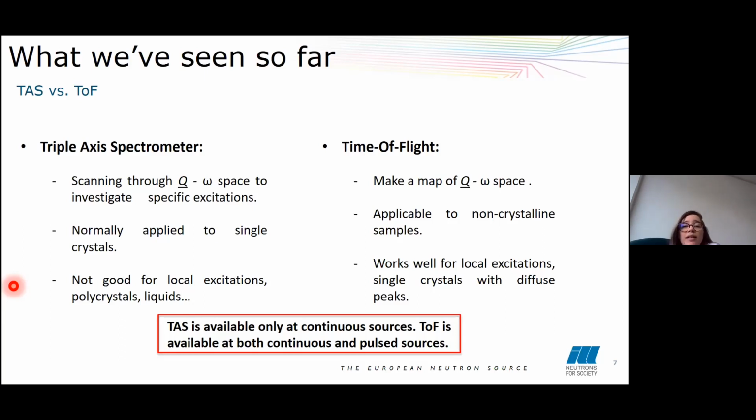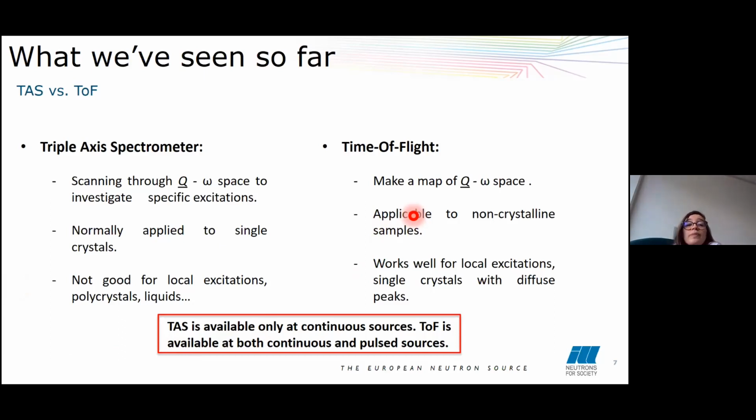So we have time of flight. With time of flight, we can analyze large sections of Q-omega, making this kind of map. So the instruments have a large detector integration. This way, it works well for analyzing non-crystalline samples. It works well for local excitations and diffuse peaks.